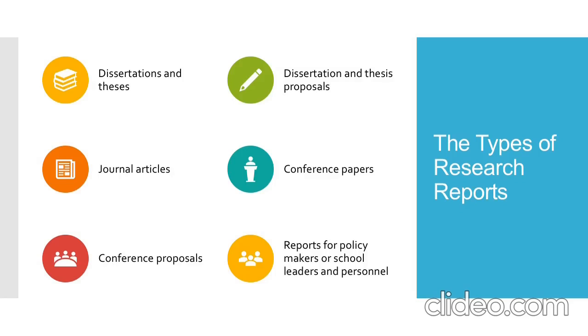A final type of research report is one that you present to practitioners who are in positions of responsibility in education. These individuals involve policymakers such as officials in government or leaders in school such as principals and curriculum designers. The research report presented to these individuals must follow these guidelines.